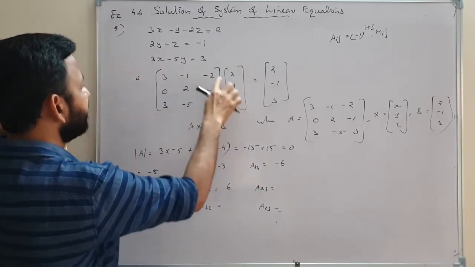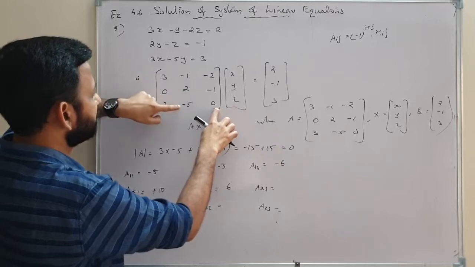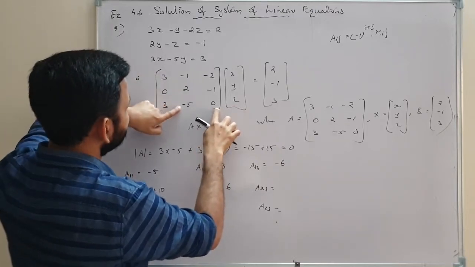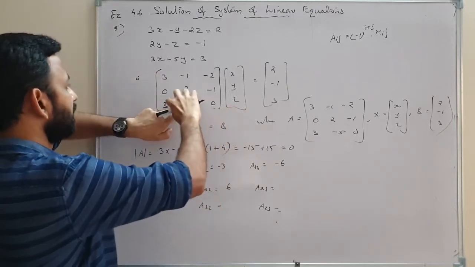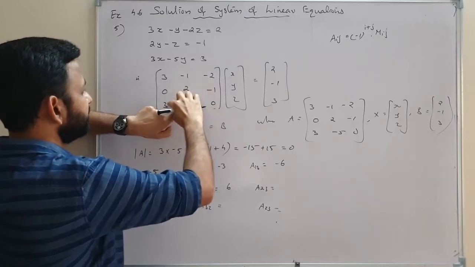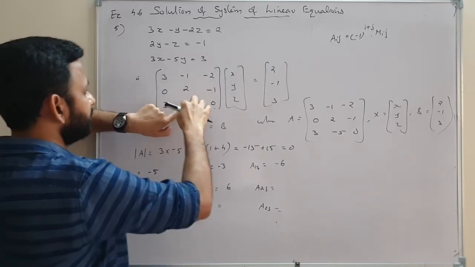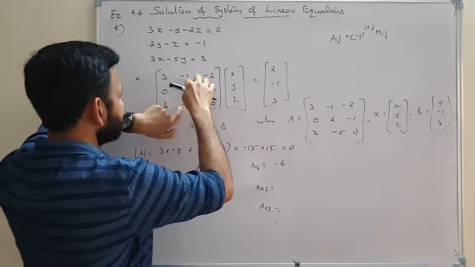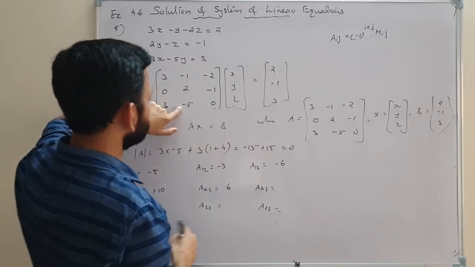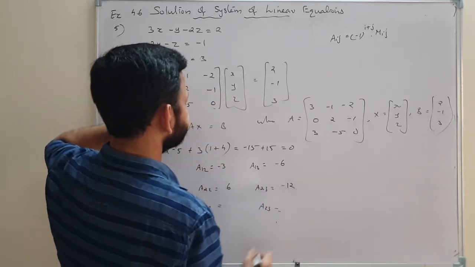Then here deleting, 3 into minus 5, minus 15, minus 3, that is minus 15 plus 3. So minus 15 plus 3, that is minus 12.